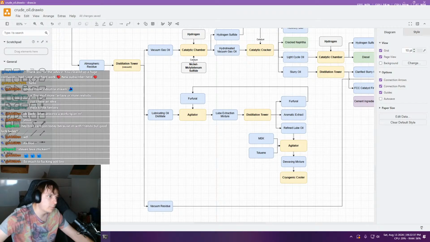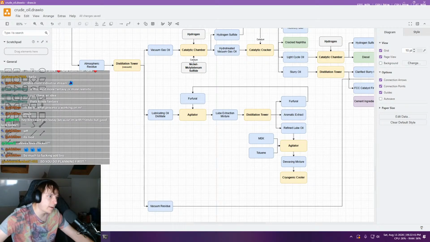Vacuum residue plus air in the chemical reactor gets you bitumen. That's not going to be a complicated one. I think it does have other uses, but that's neither here nor there.